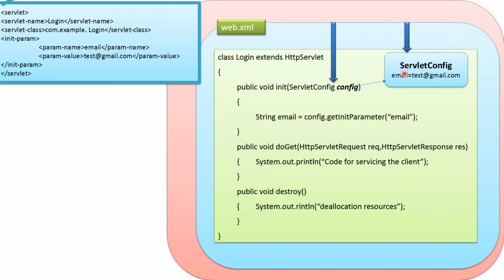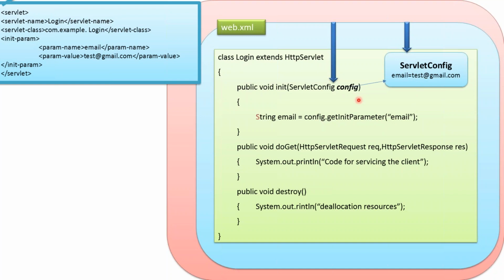If I want to read this configuration information into the servlet, the ServletConfig object provides you with the getInitParameter method. If you invoke the getInitParameter method on the config object, it will retrieve the value for you. So config.getInitParameter of email will return its value test@gmail.com.